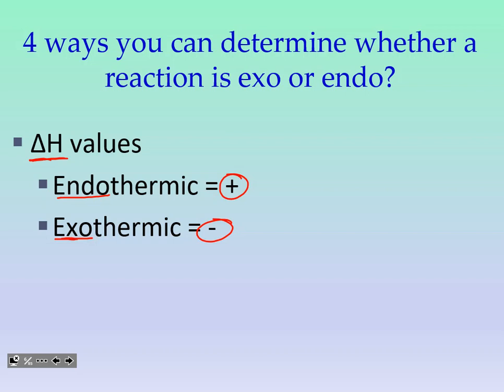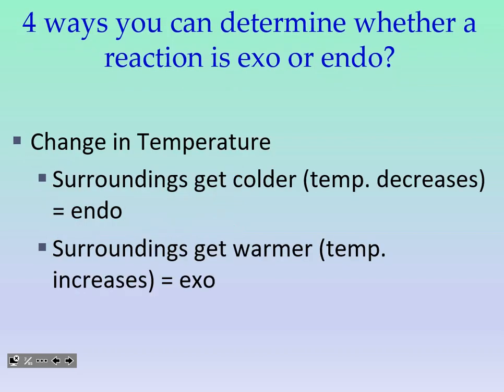The next one's not so obvious, especially in a calorimetry problem. They can have a change in temperature set of data for you. And remember that the thermometer always measures from the surroundings' perspective. So if you have an initial temperature and then the temperature decreases, the surroundings get colder.